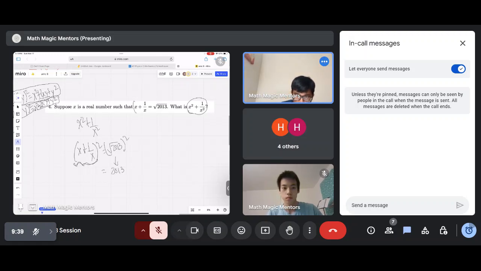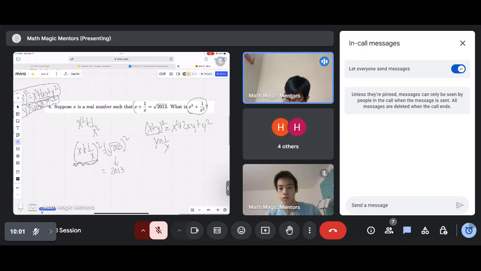So again, x plus y squared is going to be x squared plus 2xy plus y squared, and we can see that this expression looks like the same thing, except if y equals 1 over x.